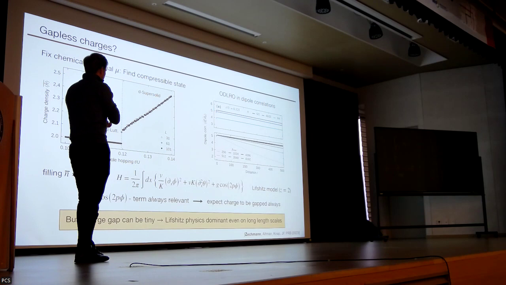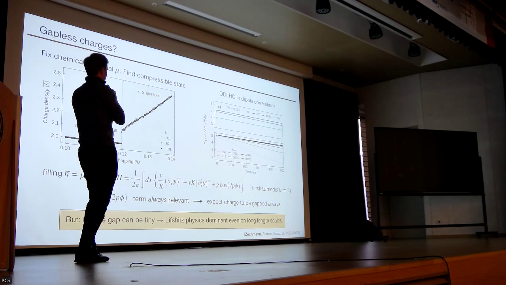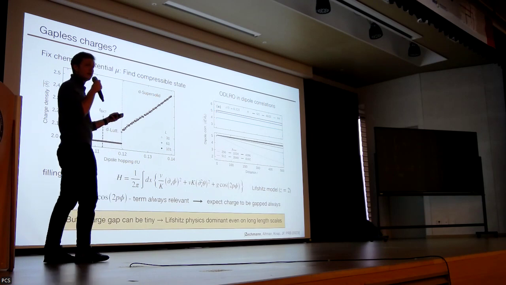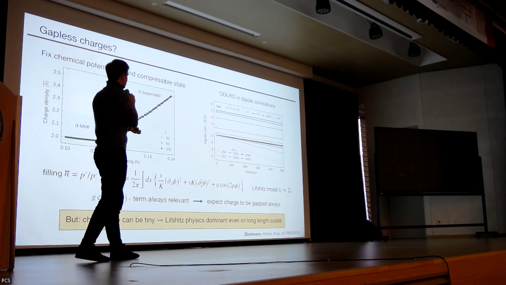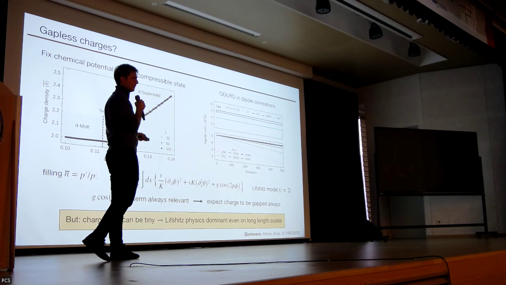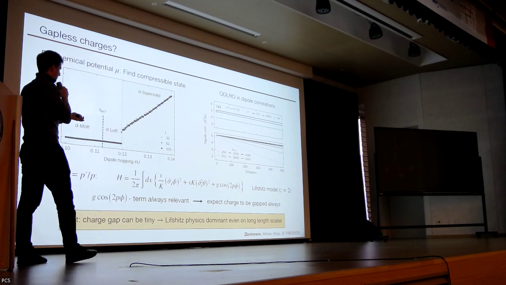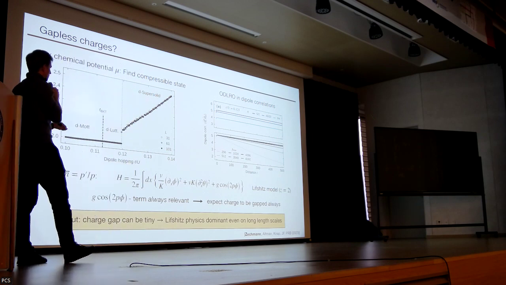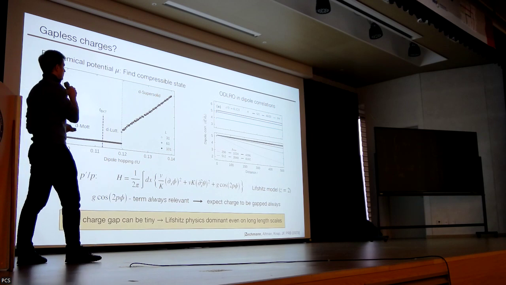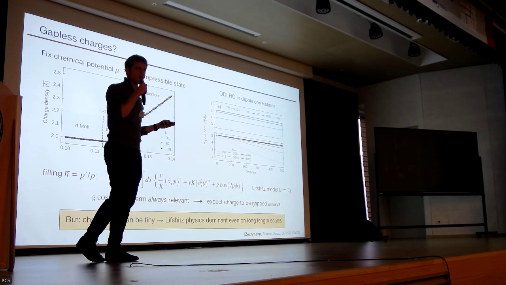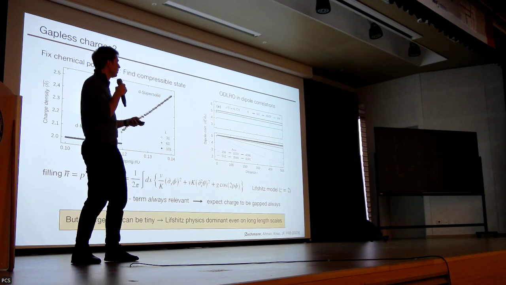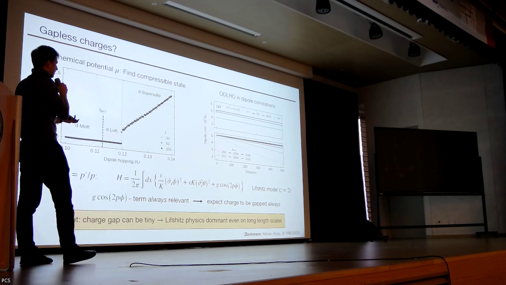So that model, in principle, if we only take those first two contributions, is consistent with all the numerical results that we find here. But of course, because we are on a lattice, there should also be this cosine term. And it turns out that for this Lifshitz theory, this cosine term is always relevant. And so in principle, we always expect the charge to be gapped out in this one-dimensional system due to lattice effects.